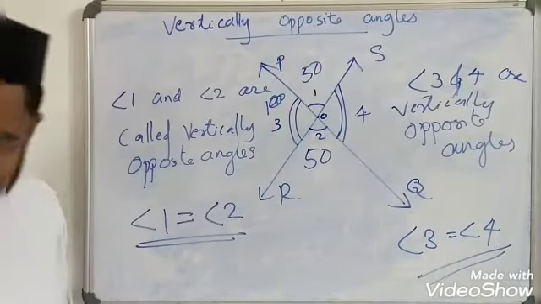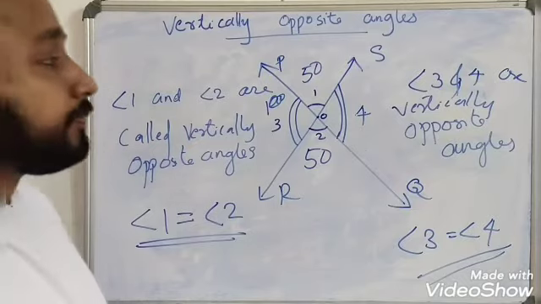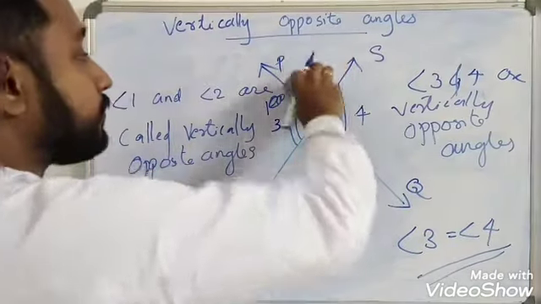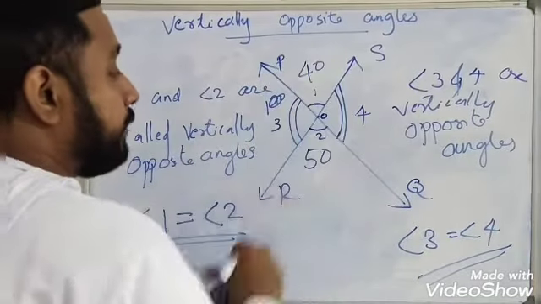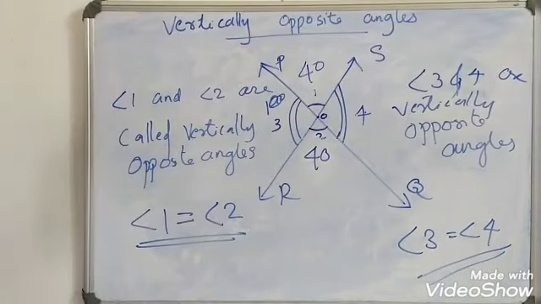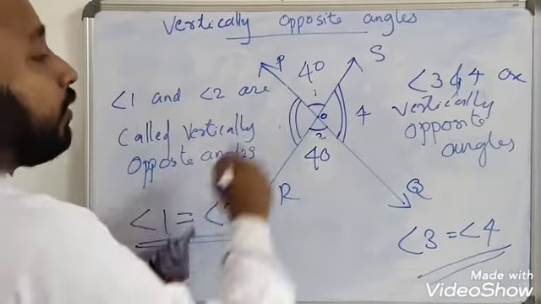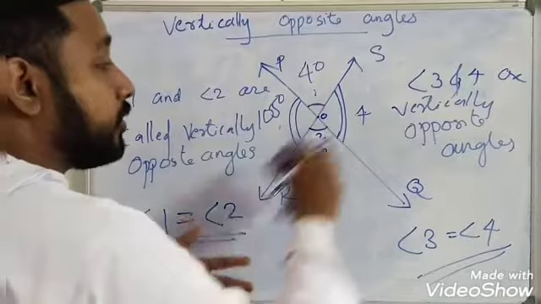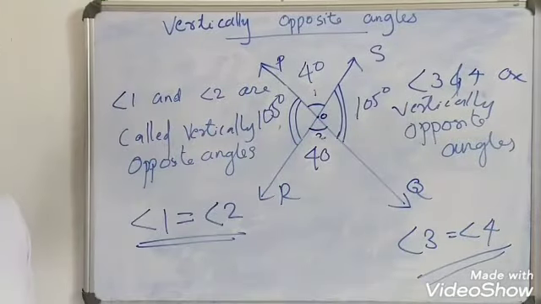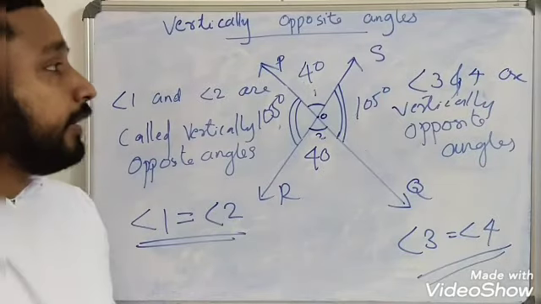If it is 40 degrees, the opposite one will also be 40 degrees. If it is 105 degrees, this is also 105 degrees. So vertically opposite angles are equal.